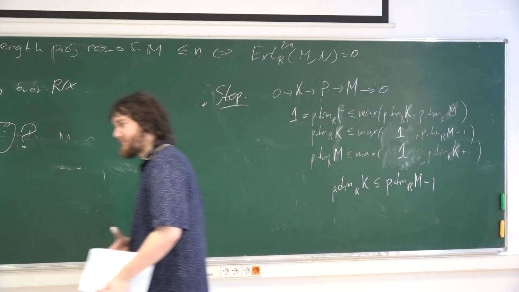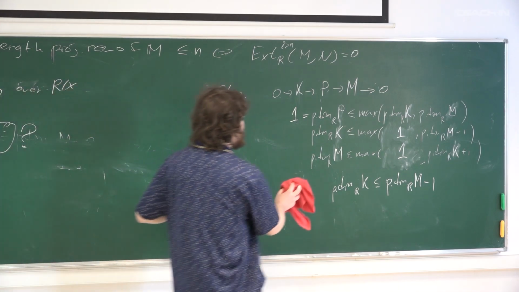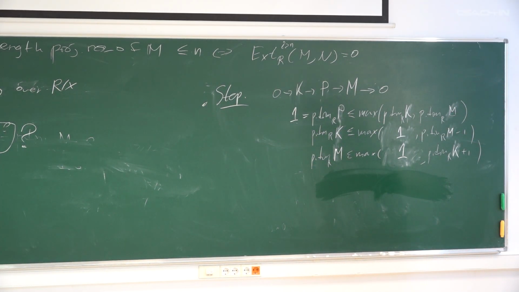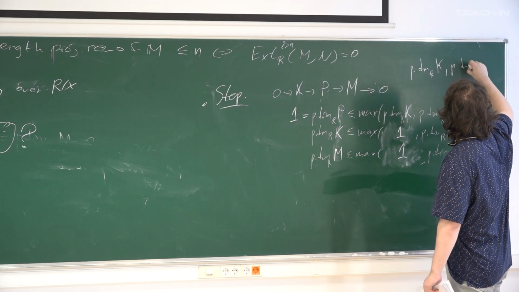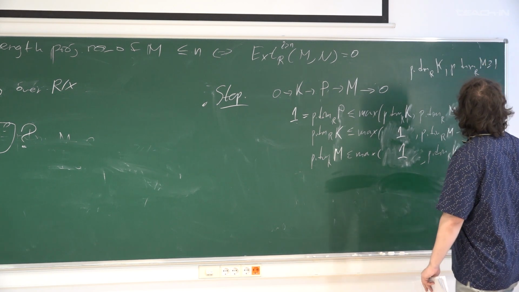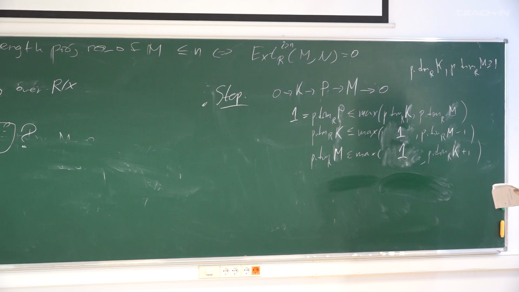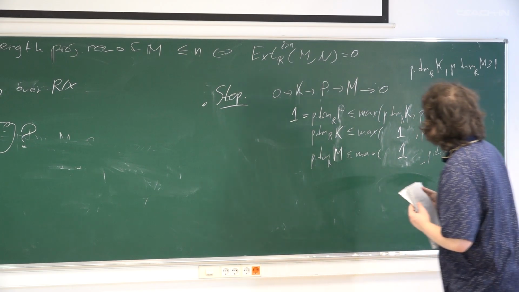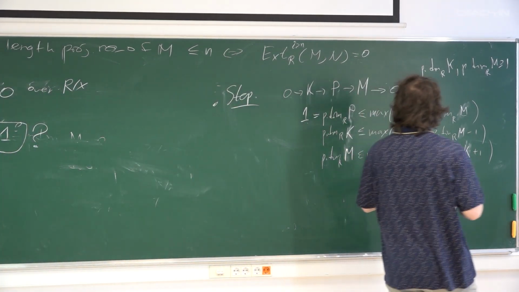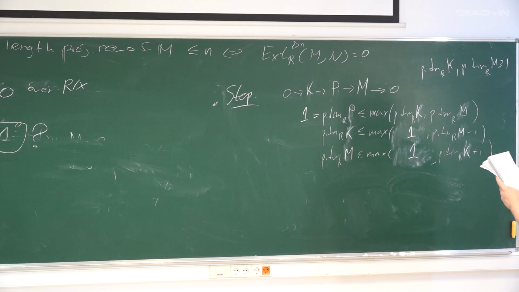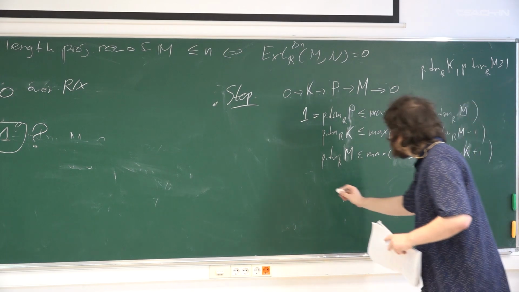Okay. Then I just say that from these inequalities, and from our knowledge that the projective dimensions of K and M are greater than 1, what I want to say is that either we have this equality star, or we have only one possible exception.